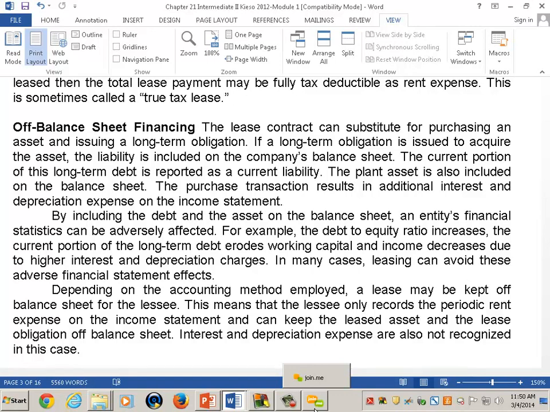Off-balance sheet financing means that, especially for the lessee, here it's on balance sheet, so the lease asset and the lease liability would be on your books.